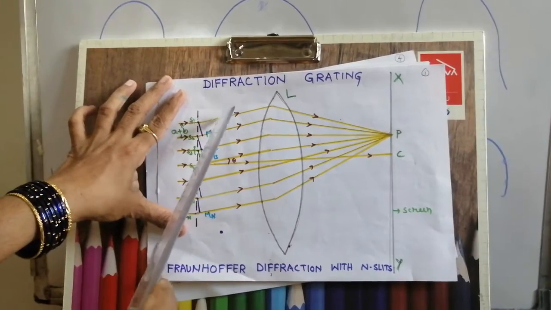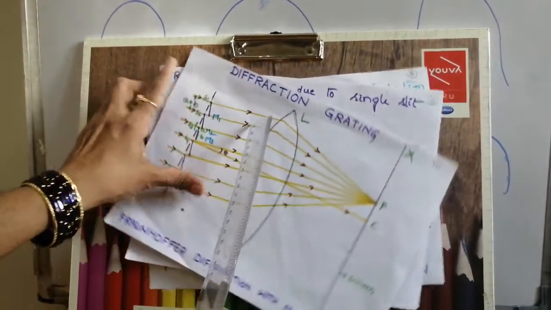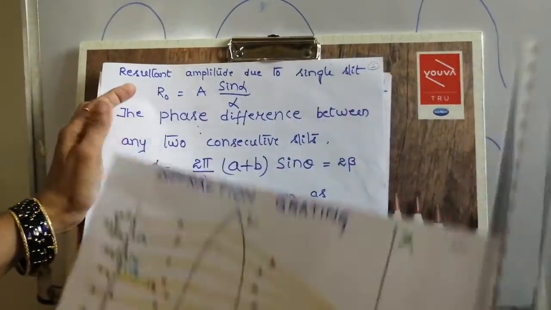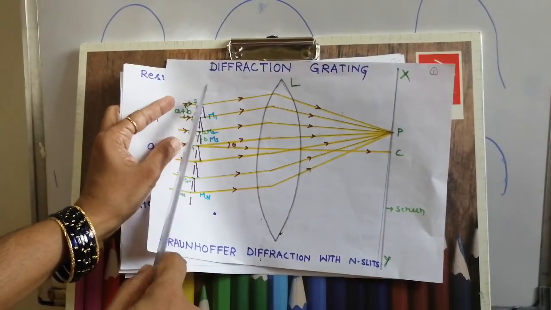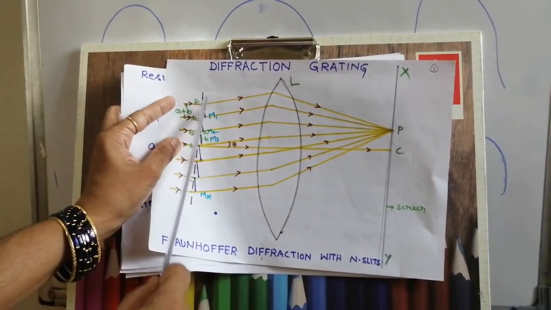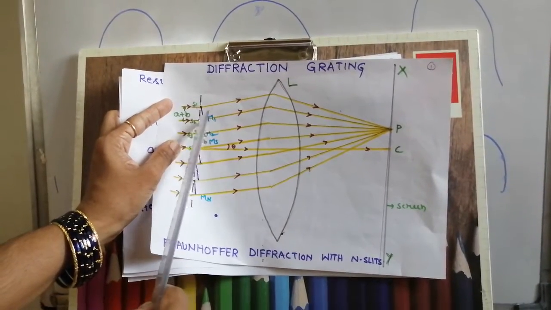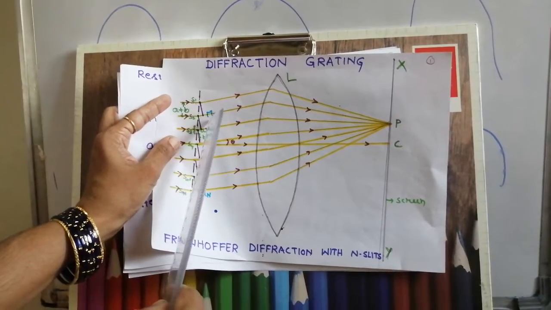We know that the amplitude from a single slit is R0 equal to A sin alpha by alpha. The distance between any two consecutive slits is a plus b. If you draw the normal from S1 to the line passing through S2, it will become S1M1.